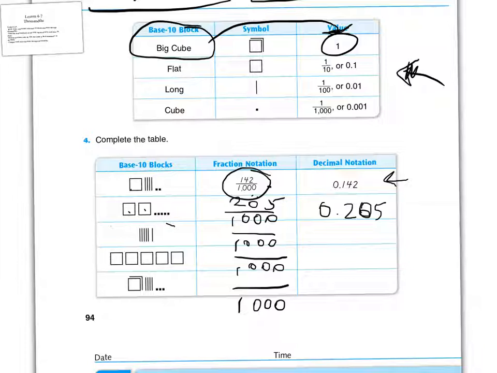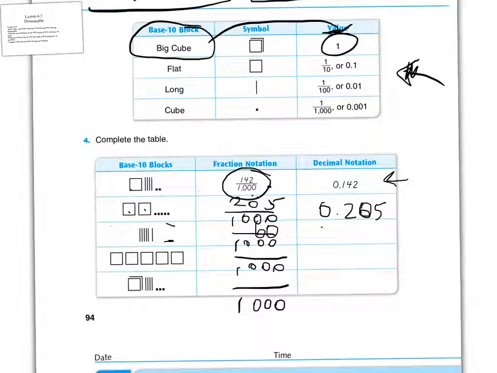Next one, we have 1, 2, 3, 4, 5, 6 longs. We know the longs are in the hundredths place now. So we have 6 longs with 0 thousandths, because there's no small cubes or anything.